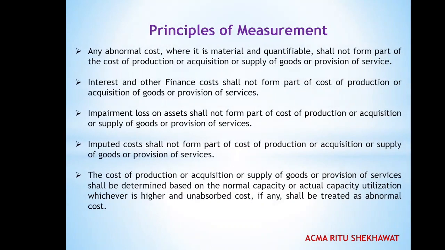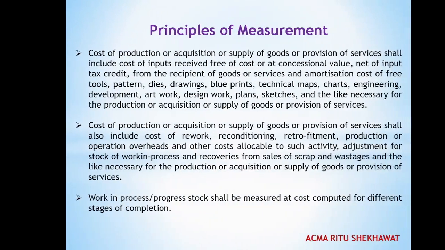So any abnormal cost, interest and other finance cost, impairment cost, imputed cost shall not be a part of cost of production. Cost of production or acquisition or supply of goods or provision shall be determined based on the normal capacity or actual capacity, whichever is higher. Unabsorbed cost shall be treated as abnormal cost.